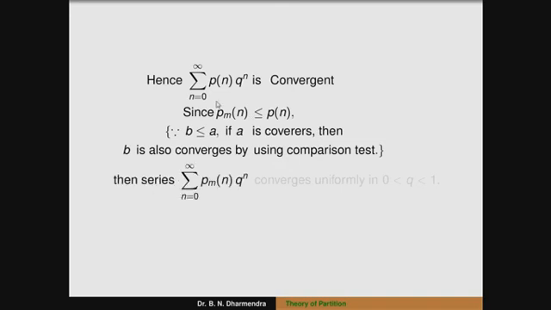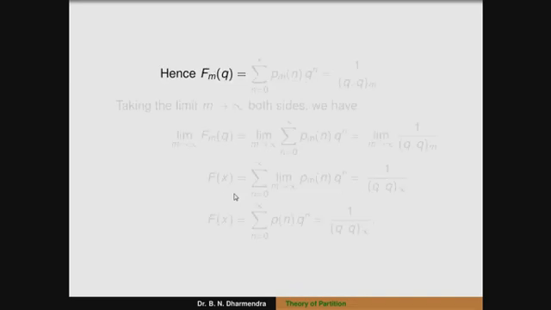Definitely then the summation from 0 to infinity of p_m(n) into q to the power of n also converges uniformly with mod q less than 1, that is 0 less than q less than 1. So we conclude that f_m(q) is equal to the summation from 0 to infinity of p_m(n) q to the power of n, which is equal to 1 divided by (q;q)_m.